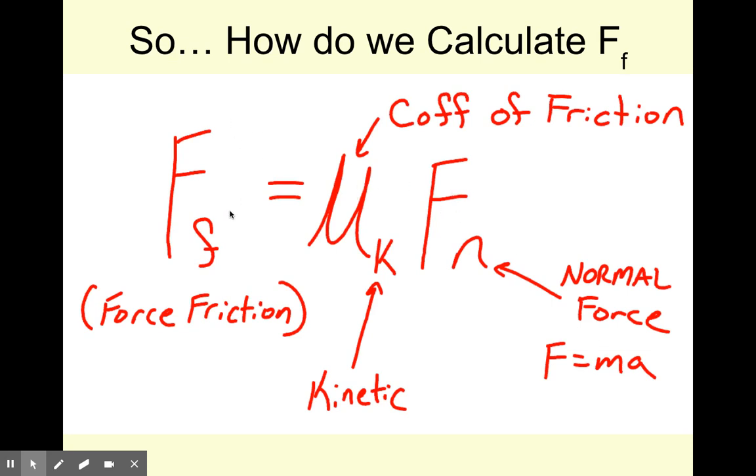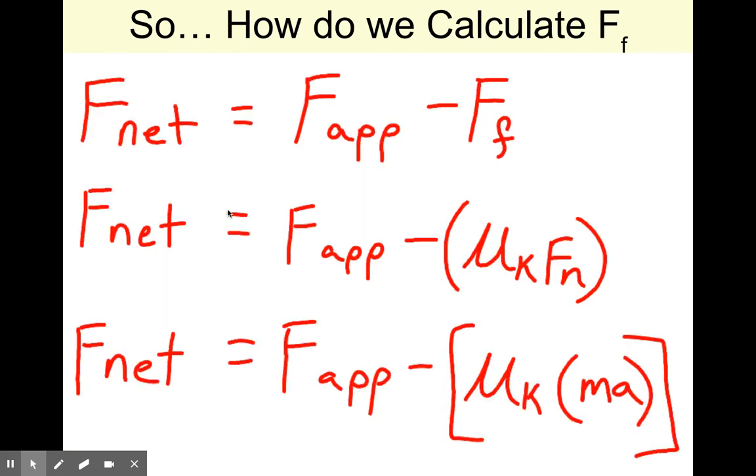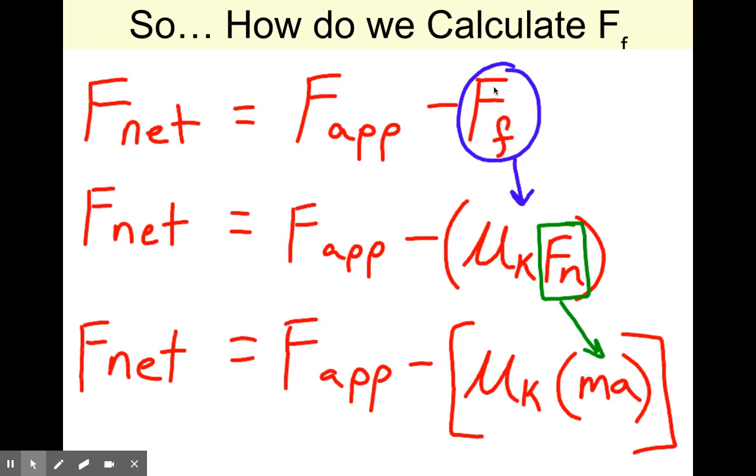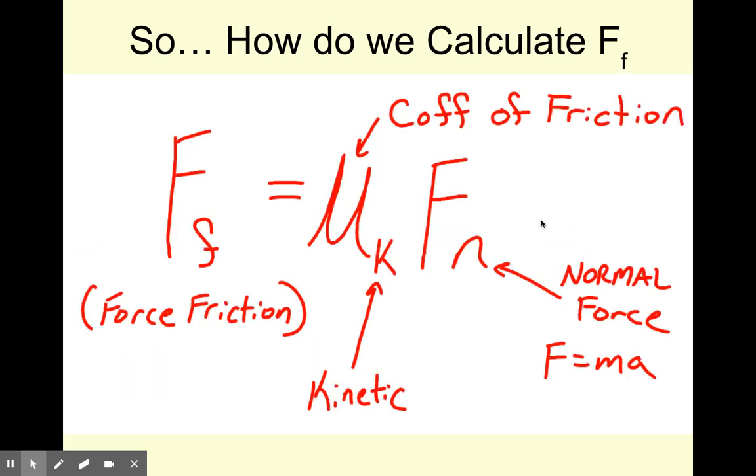Okay, so if we look at what we know, the net force is equal to the force applied minus the force of friction. If we expand this, all we're doing is changing the force of friction to this equation right here, which just came from over here.